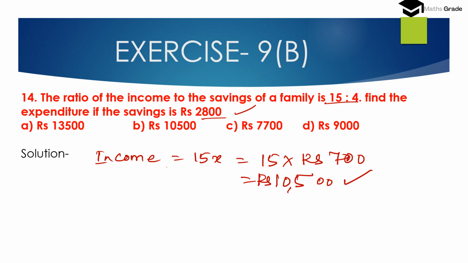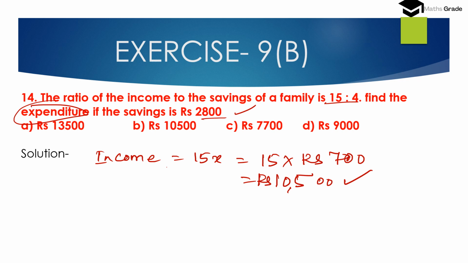We have to find the expenditure if the saving is 2,800 rupees. Now we got income is 10,500 rupees and saving is 2,800 rupees. We know saving is income minus expenditure.